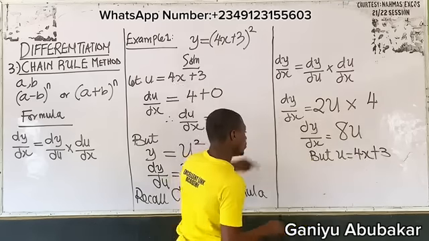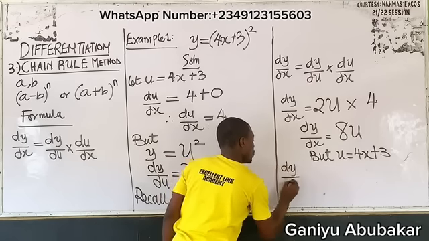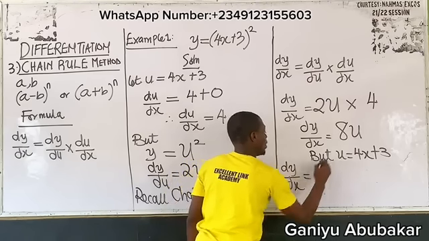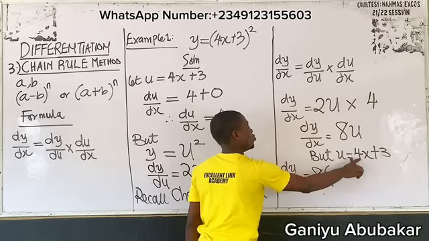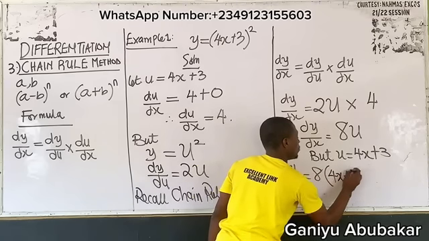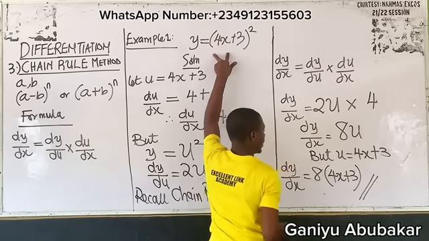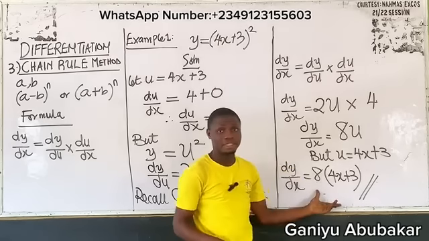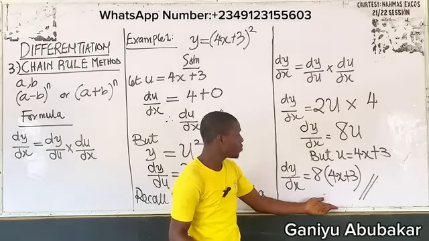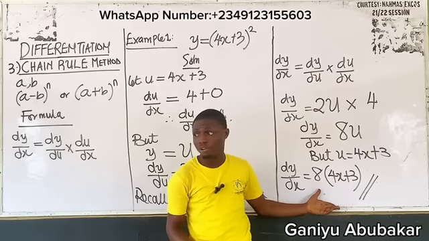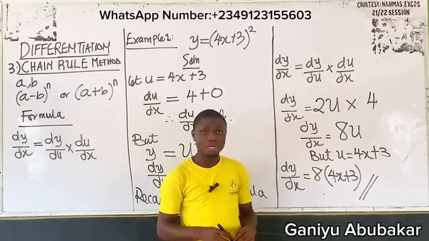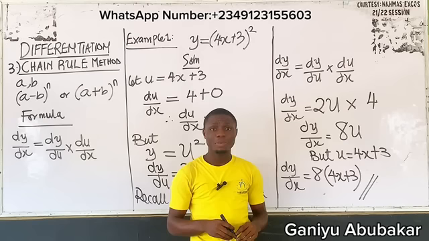In this case, dy over dx will be equal to 8 times (4x plus 3). So when I differentiated this question, I have this as my answer. That is how to solve a problem using the concept of chain rule method.